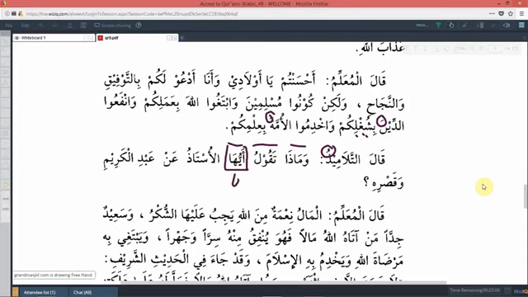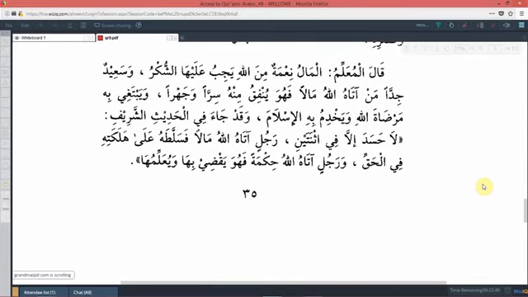Oh, al-ustad, oh teacher or professor. An, regarding Abdul Karim, wa qasrihi, and his palace. So here we can see the wisdom of a good teacher.